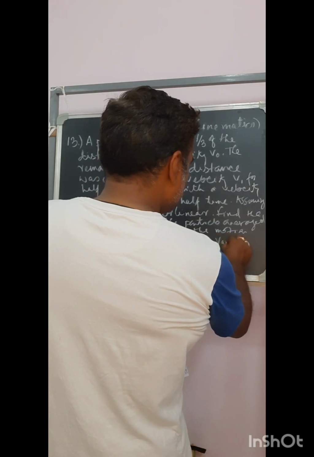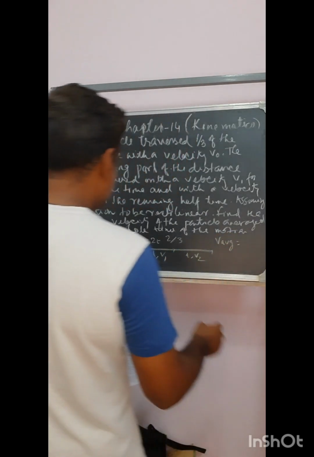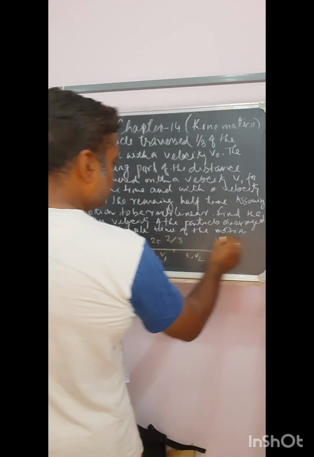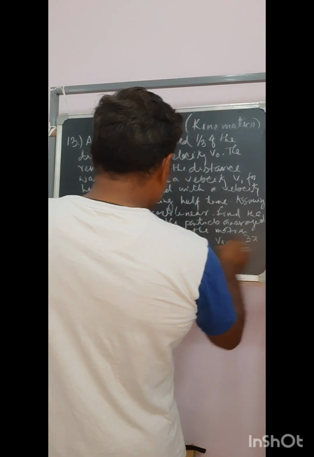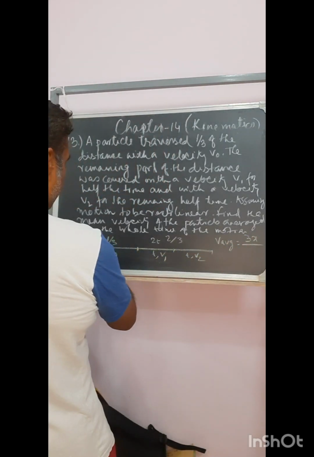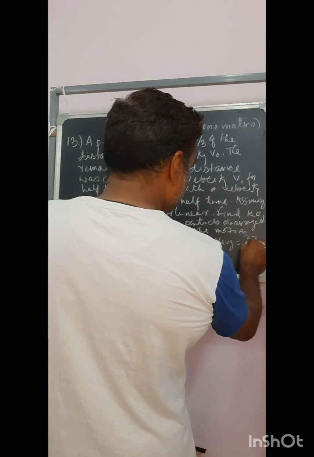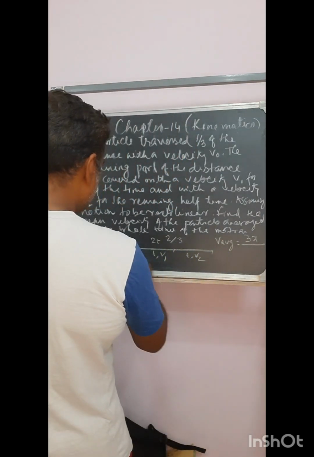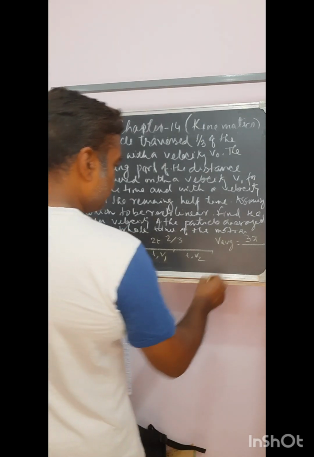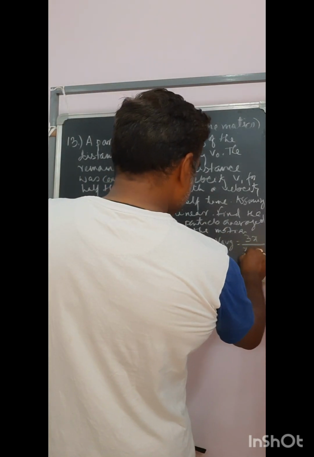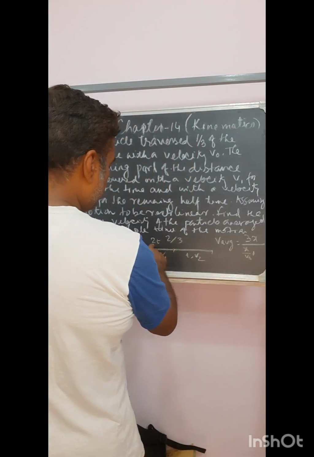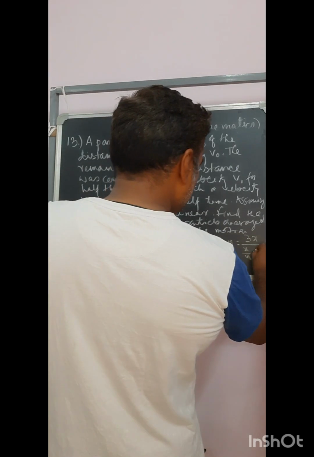The total distance, let's say 3x, because it is given in fractions. The time taken for the first 1/3 is x divided by v0, and for the remaining, the time is 2t.